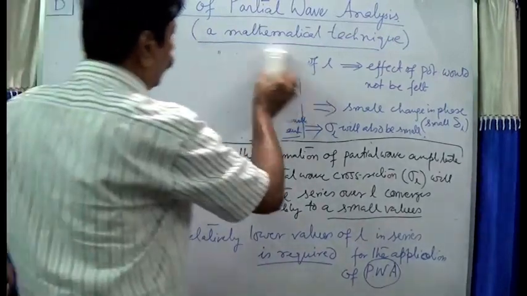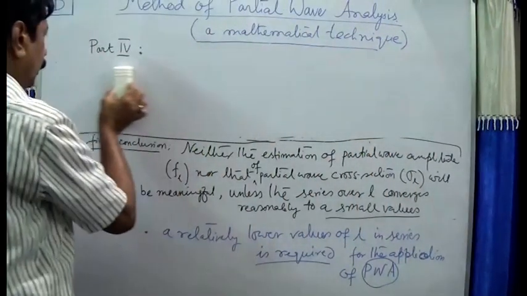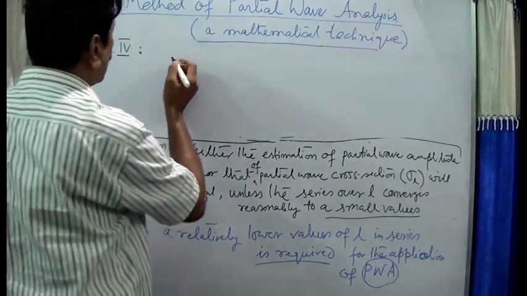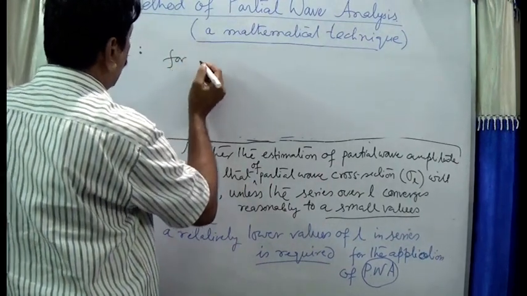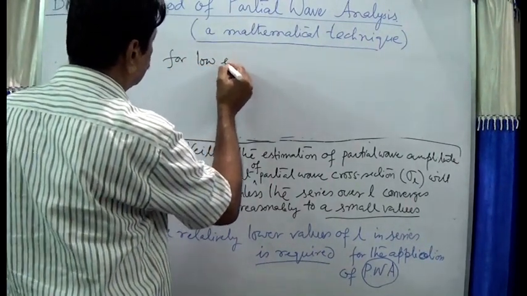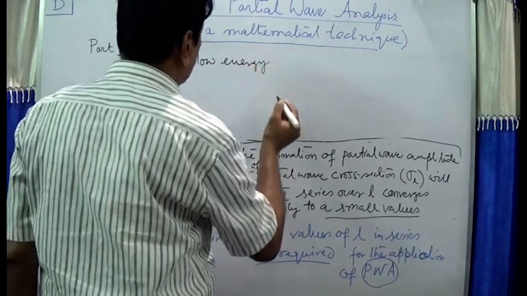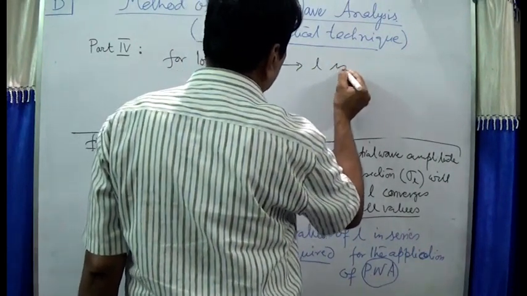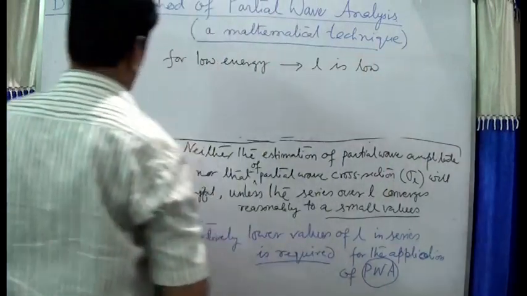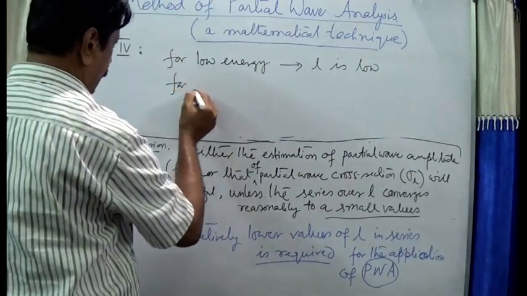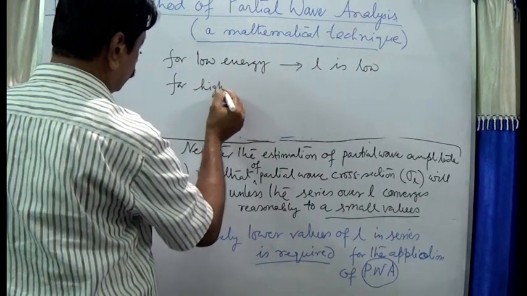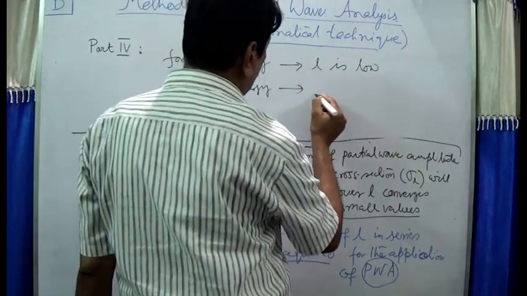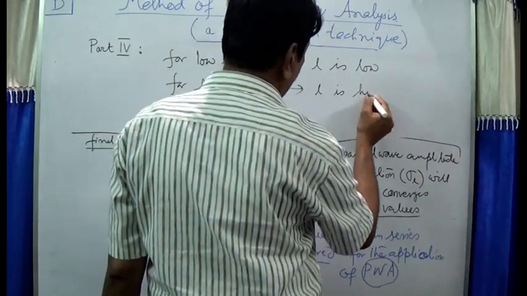Well, we all know that for low energy, L is low. For high energy, the involvement of L is high.